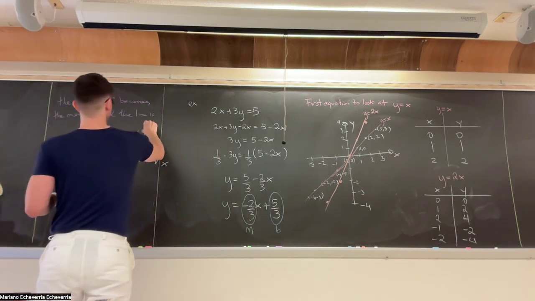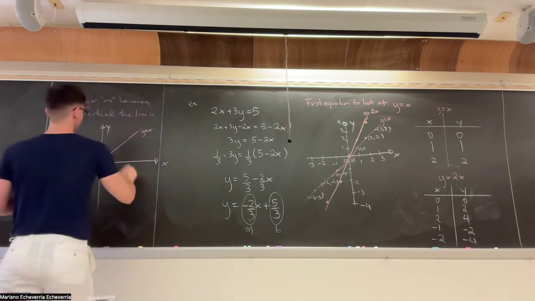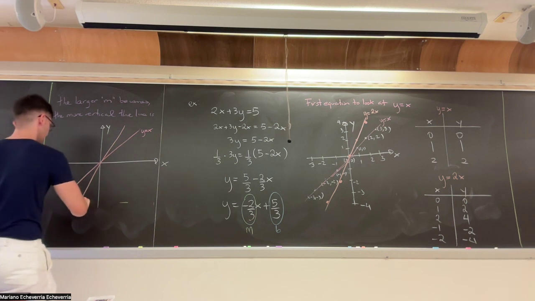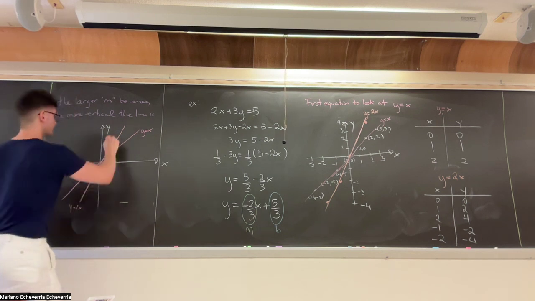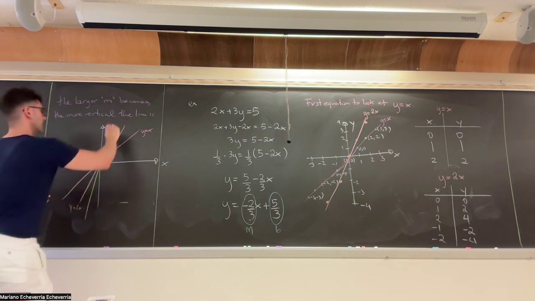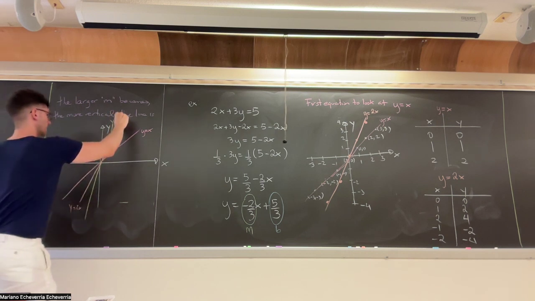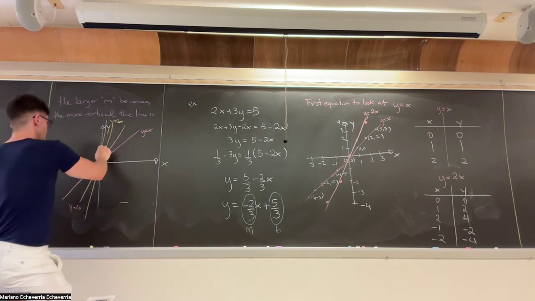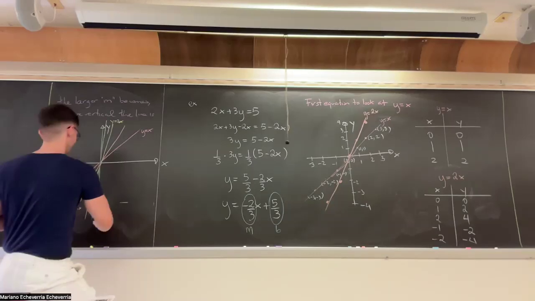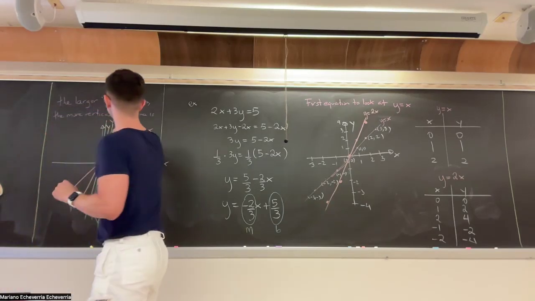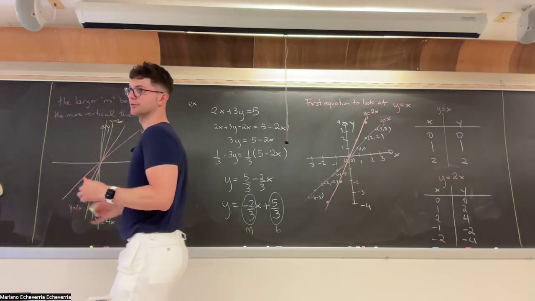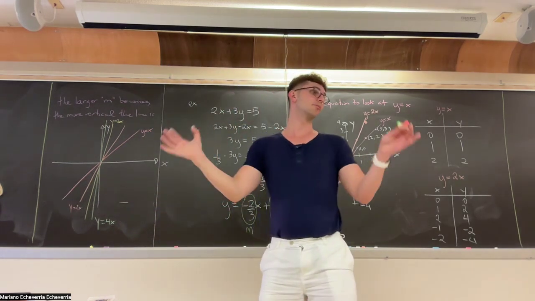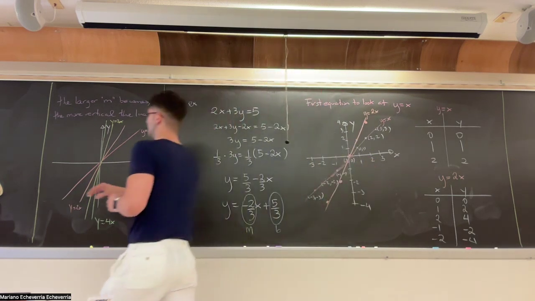So here's y equals x, and what I'm saying is that as we start choosing larger and larger values for m, here's y equals 2x, and then here's y equals 3x, and y equals 4x. The more you increase the numbers in front of x, the more vertical this gets. And the closer to 0 m is, the more horizontal the line becomes.